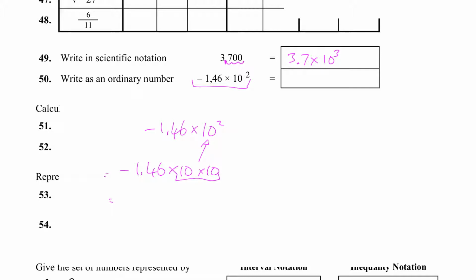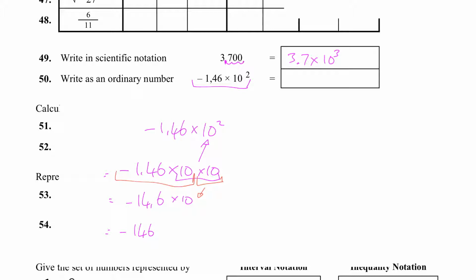Well, minus 1.46 times 10 is minus 14.6. So that accounts for this bit here. And let's not forget to multiply that by 10. Because multiplying by 10 is easy. All we do is say, well, minus 14.6 times 10 is minus 146.